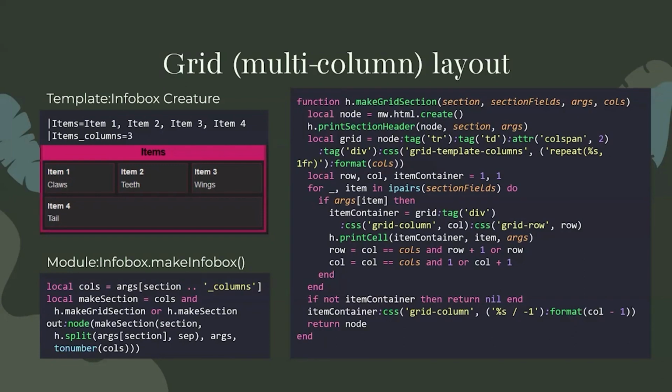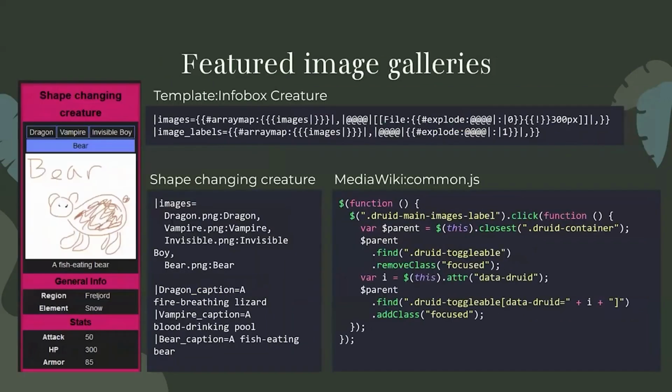And by using some inline CSS and modular arithmetic, we make it take up the entire row. And on the lower left-hand side, you can see that we're going to make a grid section if you have defined a number of columns. Otherwise, we'll make a regular section.